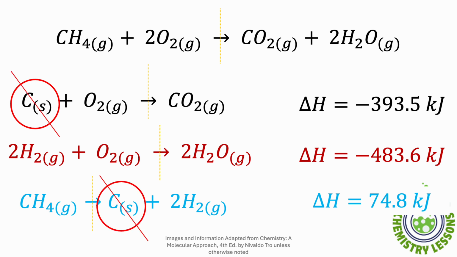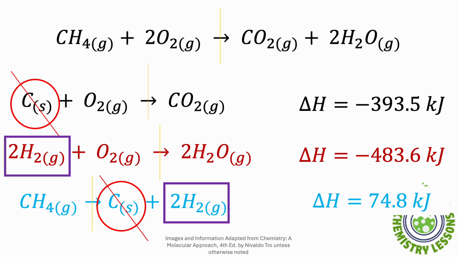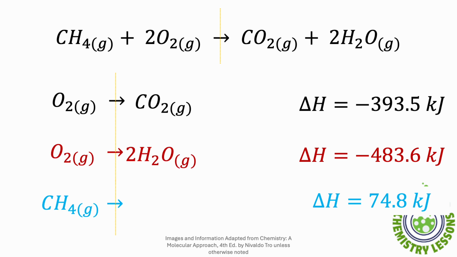They're going to cancel each other out. Then I had my 2 hydrogens on the left-hand side of the arrow, 2 hydrogens on the right-hand side of the arrow. They cancel each other out. Great. Now I don't have to deal with either of those.